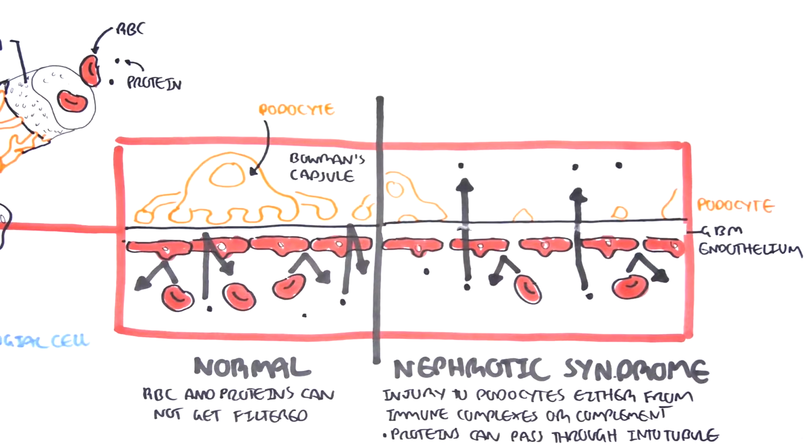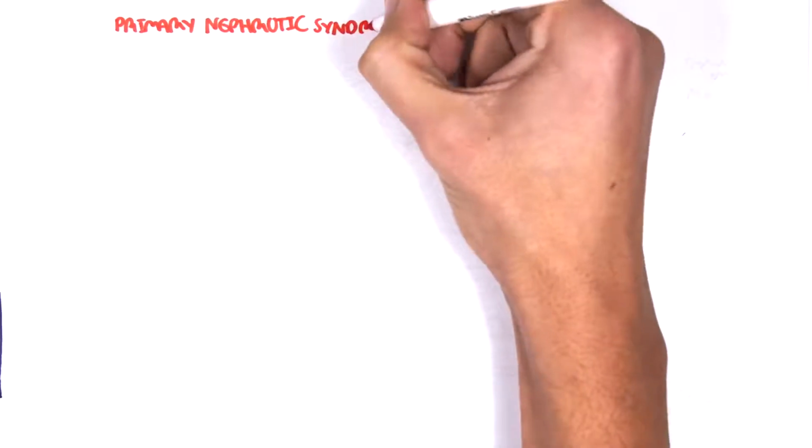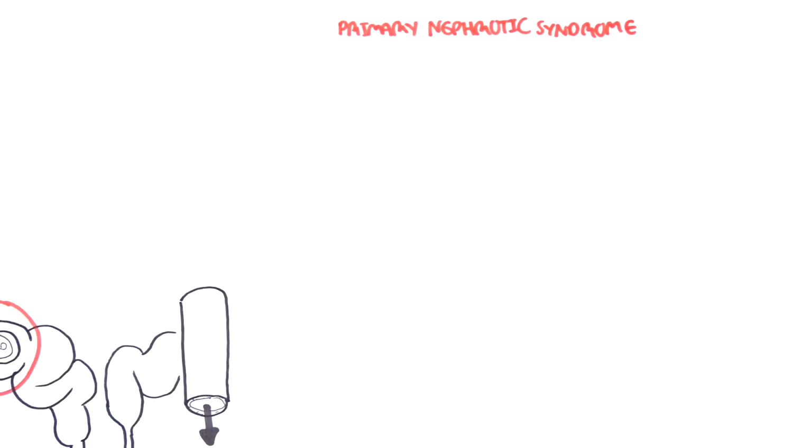So that was an overview of what happens in nephrotic syndrome. You have immune complex and complement proteins leading to damage to the podocytes, which normally would prevent protein from getting through. But there are different types of nephrotic syndromes, and these can be divided into primary or secondary nephrotic syndromes.